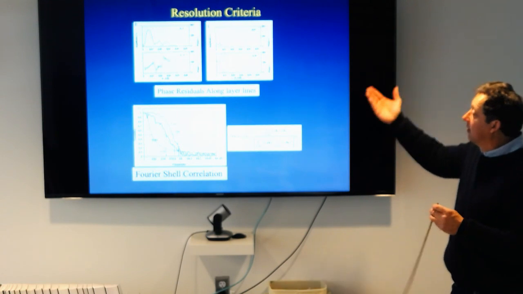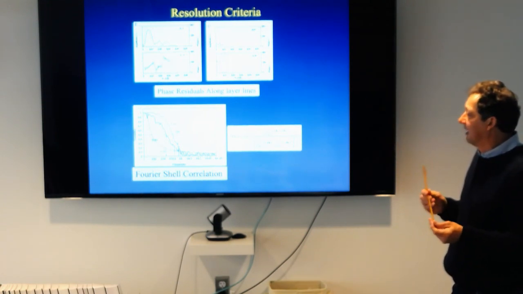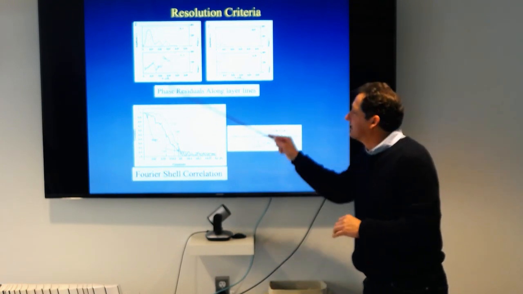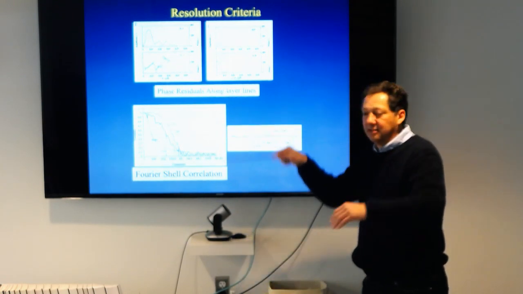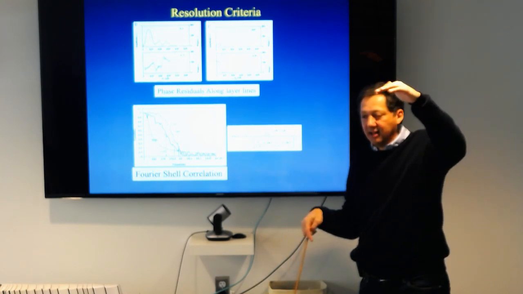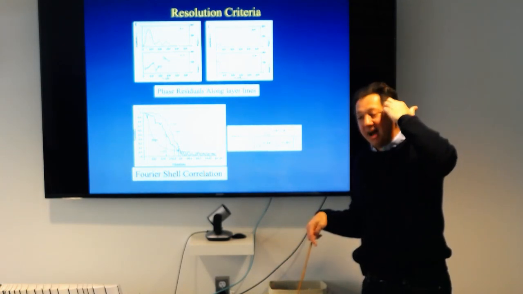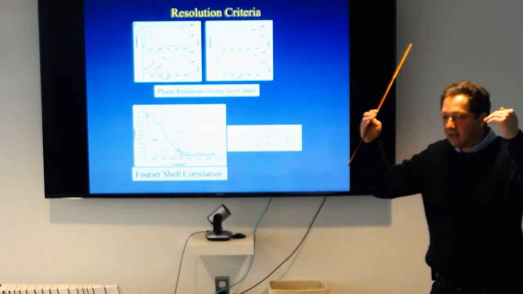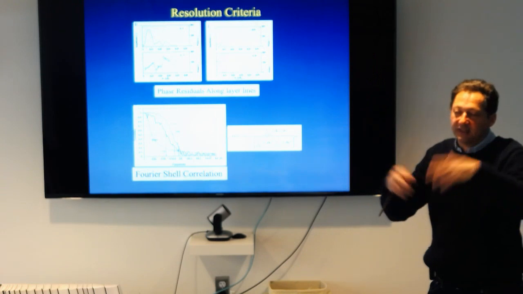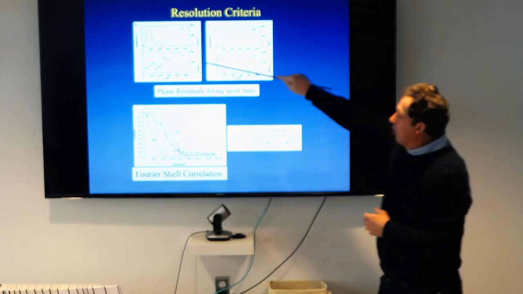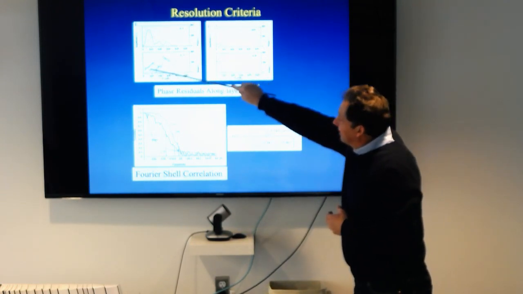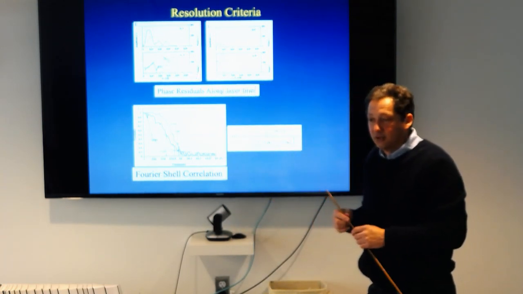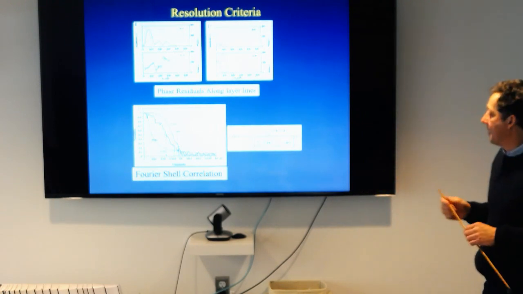Another, in the old days but still useful because it tells you how far the resolution goes, is that you can see how the phases in the highest resolution layer line match each other. When you average different filaments, you're going to have slightly different phases. If it is just random, they will be all over the place. When you see that the phases match as you go to higher and higher resolution, that will be an indication of the resolution of your map.